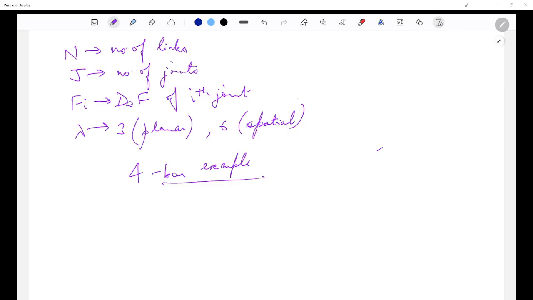So in our 4 bar example, what is n? How many links do we have? How many links does the 4 bar mechanism I showed you right now have?